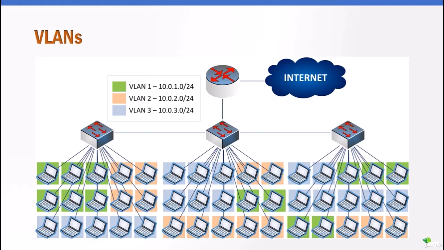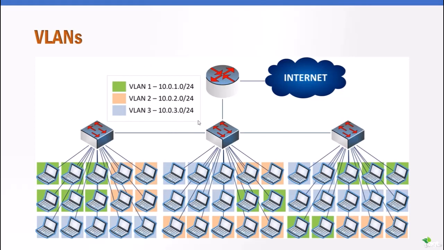In this example, I used 3 VLANs: 10.0.1.0, 10.0.2.0, and 10.0.3.0. And these three networks are appropriately named VLAN 1, 2, and 3.